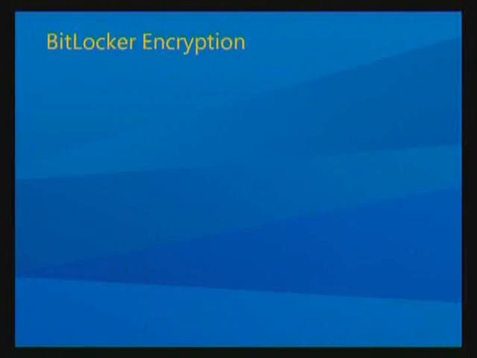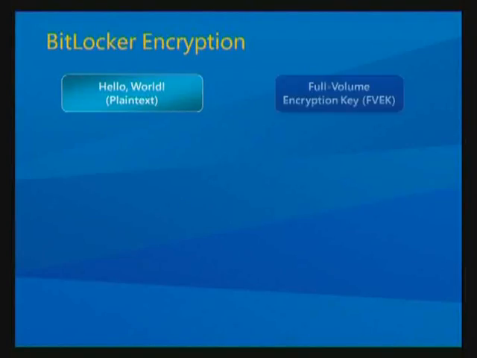So let's talk about what the encryption does, because I've talked about the key algorithm somewhat, but let's see how it works. So hello world, plain text, and the full volume encryption key.